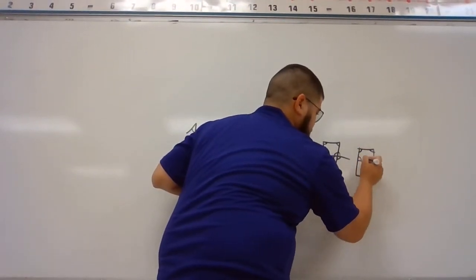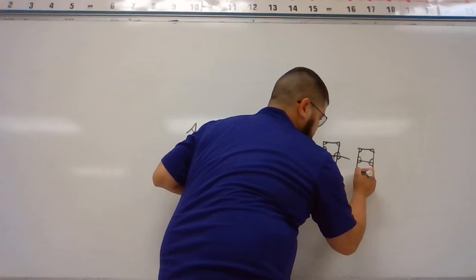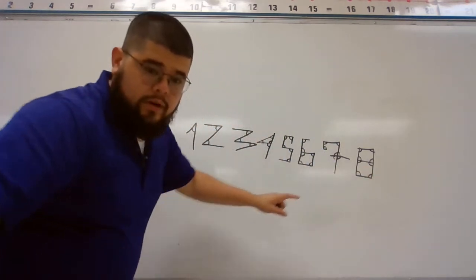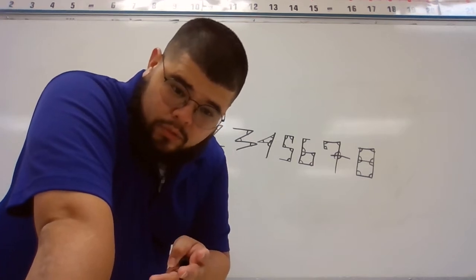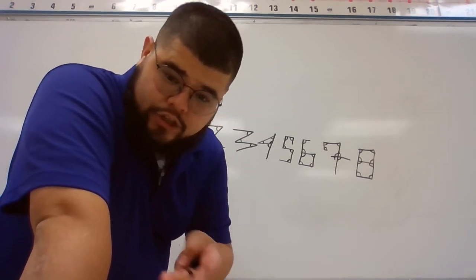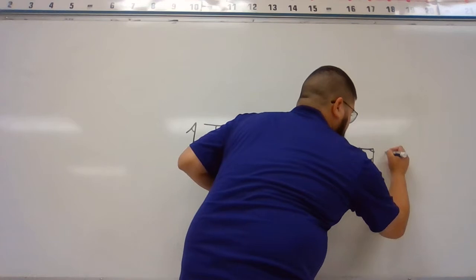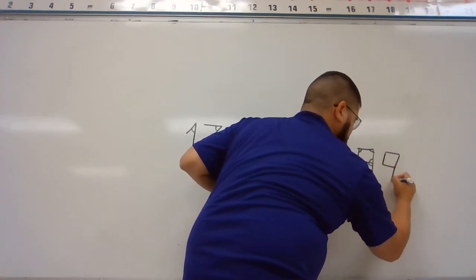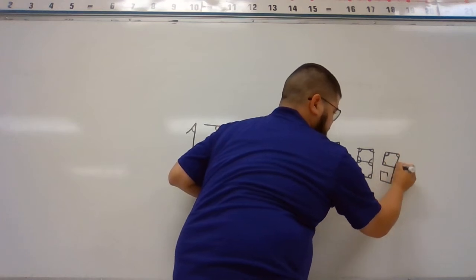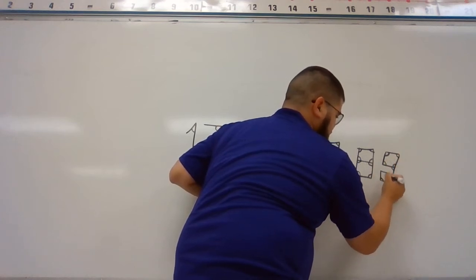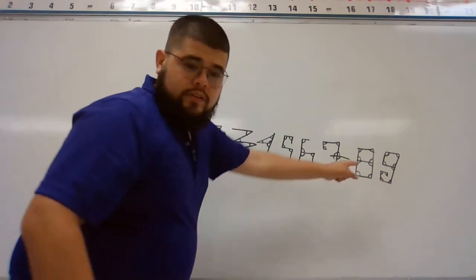One, two, three, four, five, six, seven, eight. There's the number eight. And then the number nine. Now the number nine comes from whenever you see people writing their nines like the letter G. One, two, three, four, five, six, seven, eight, nine. And there's the number nine.